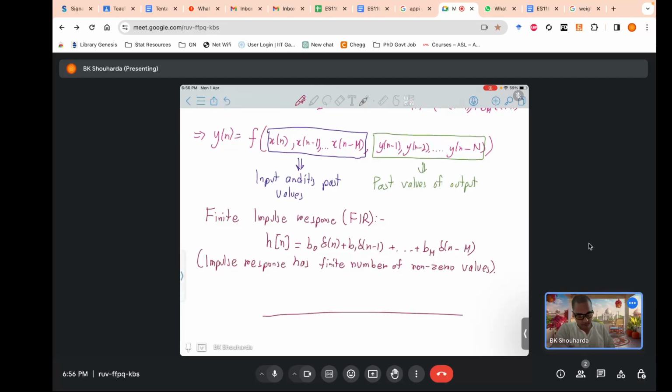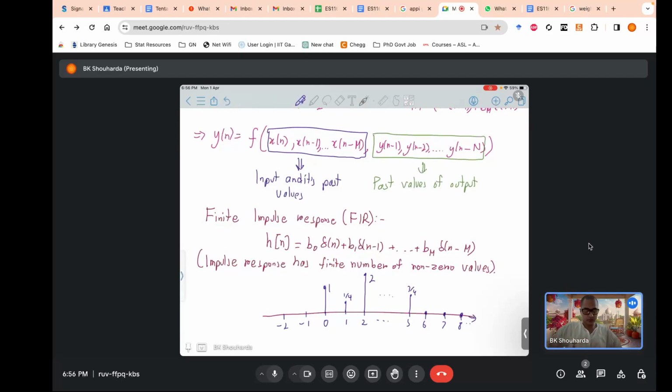Let's say this is 0, 1, 2, minus 1, minus 2, 5, 6, 7, 8, and so on. Let's say this is 1, this is 1/4, this is 2, this is 3/4, this is 0, and then after 5, it becomes 0.